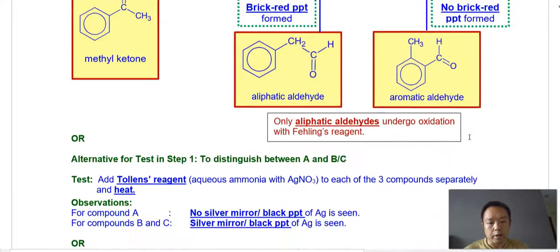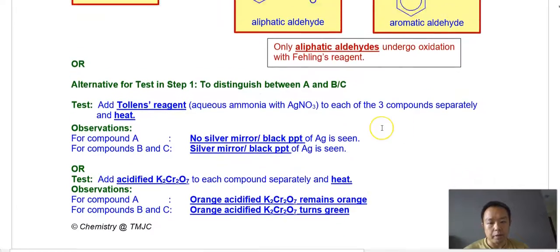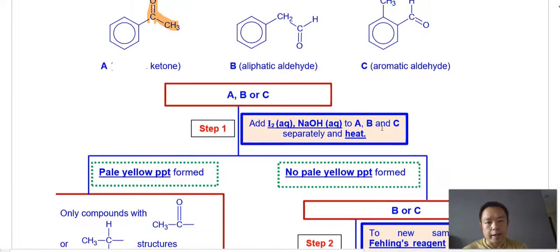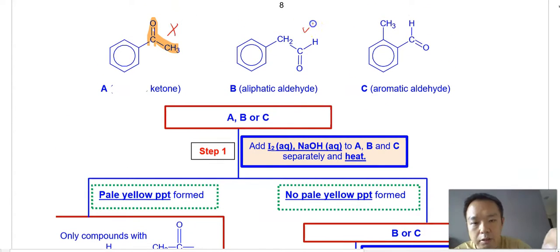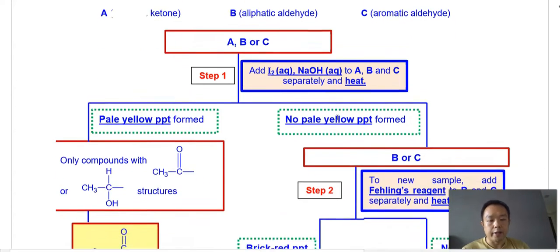Another alternative is to also use dichromate. Because your ketone cannot be oxidized, but your 2 aldehydes can be oxidized. So your ketone will give a negative test result, whereas your B and C will give a positive test result, leaving both your aldehydes, and then you distinguish them by Fehling's.